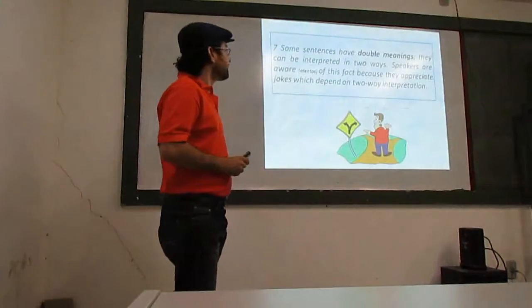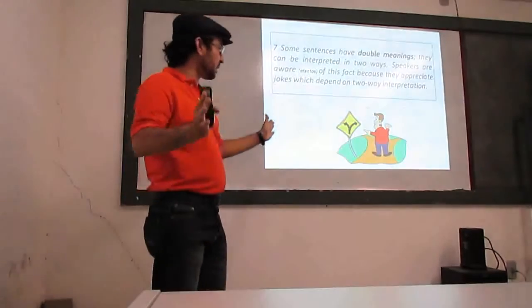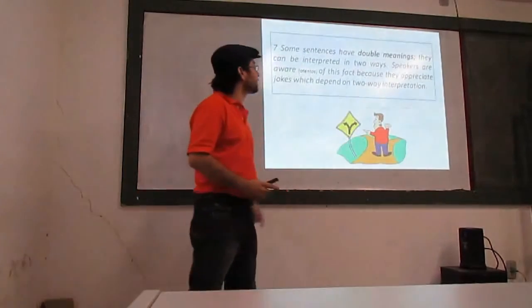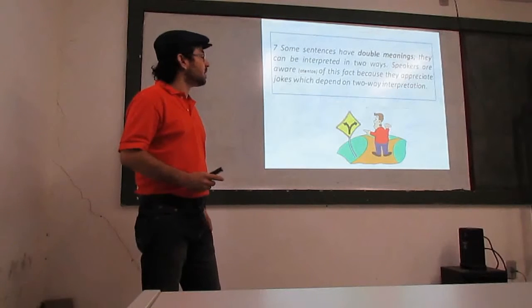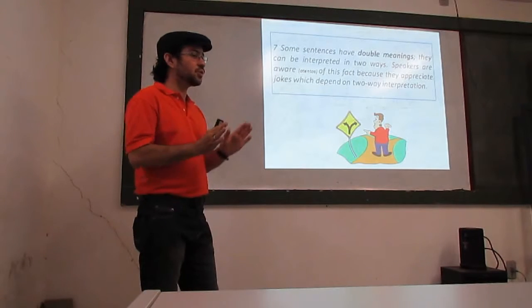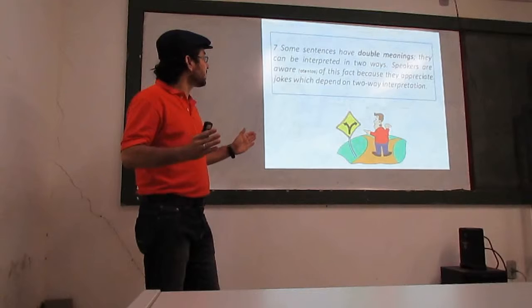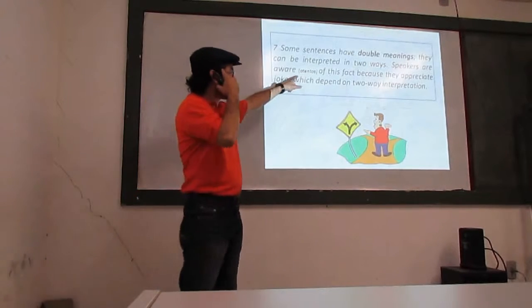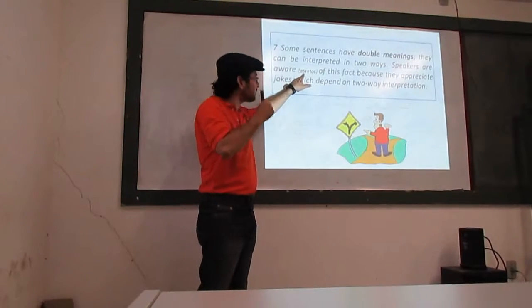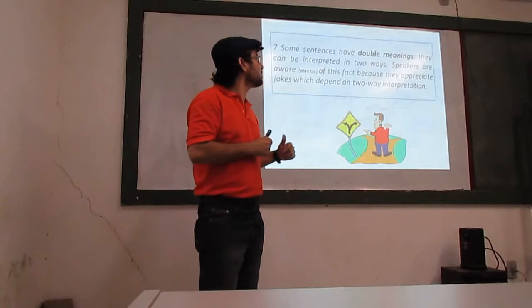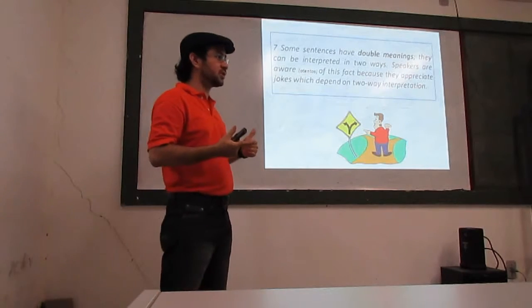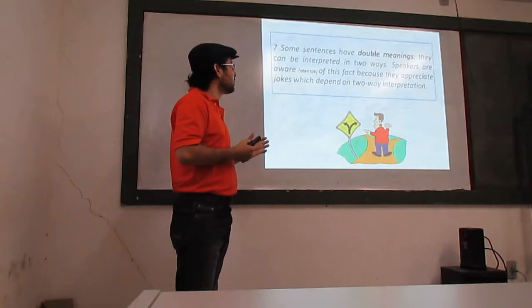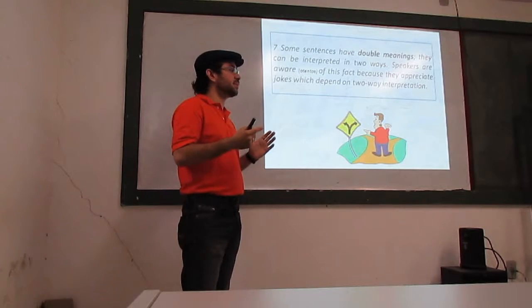Seven. Some sentences have double meaning. Okay, two possibilities of understanding. They can be interpreted in two ways. Speakers are aware, paying very much attention to this fact because they appreciate jokes, like piadas, which depend on two-way interpretation.